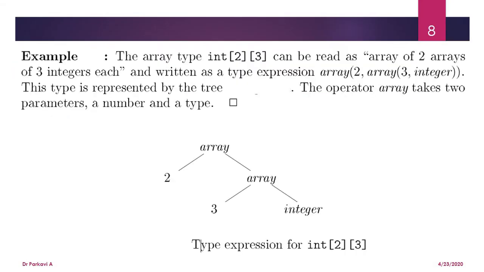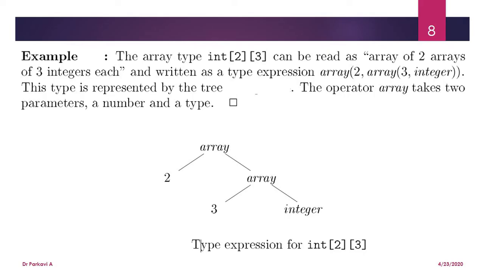So let us see one example for an array. Here the array is int of 2 of 3. As we are at the beginning level, the array name is not given. Let us see how this will be recognized by the intermediate code generator. int of 2 of 3 means there are 2 rows and each row will have 3 elements.